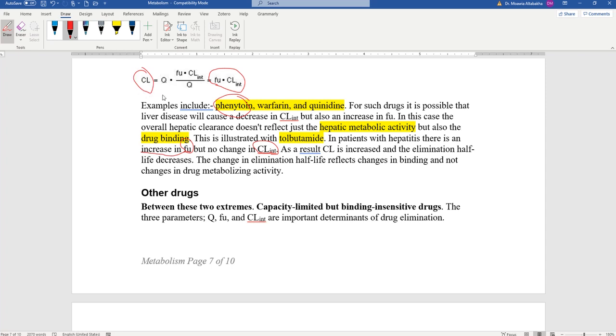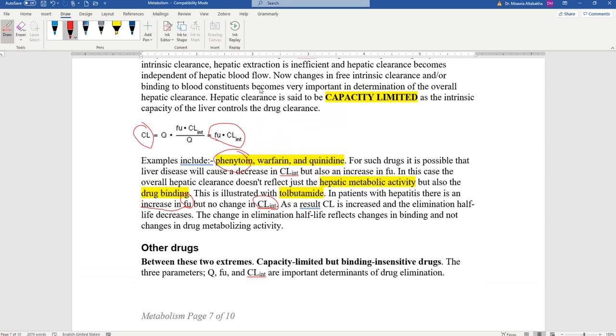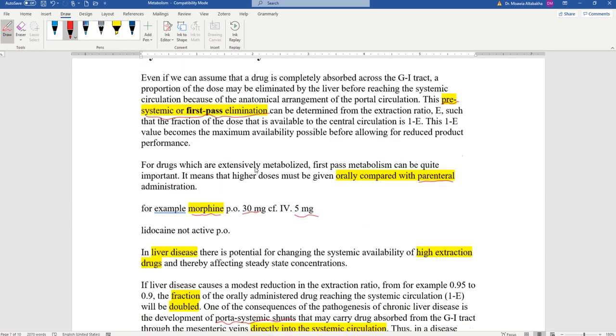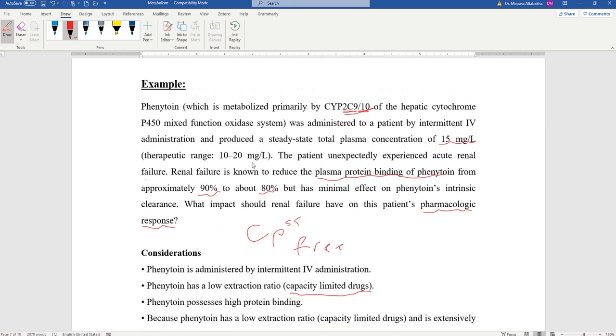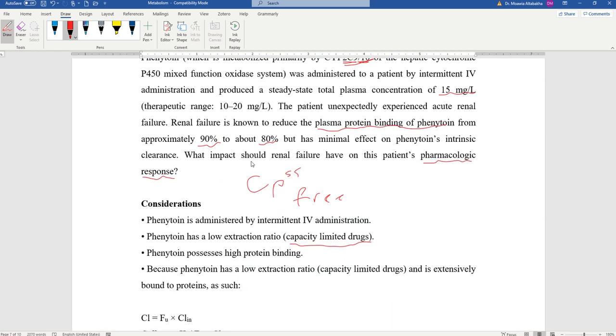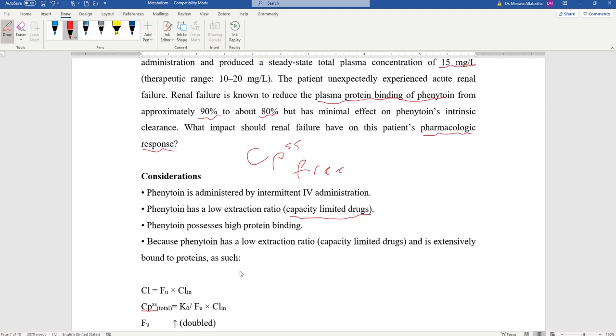It means its clearance is affected by fraction unbound and intrinsic clearance. Okay, intrinsic clearance did not change, but the fraction unbound changed. Okay, so let's think about it now. Let's talk about how to answer this example.